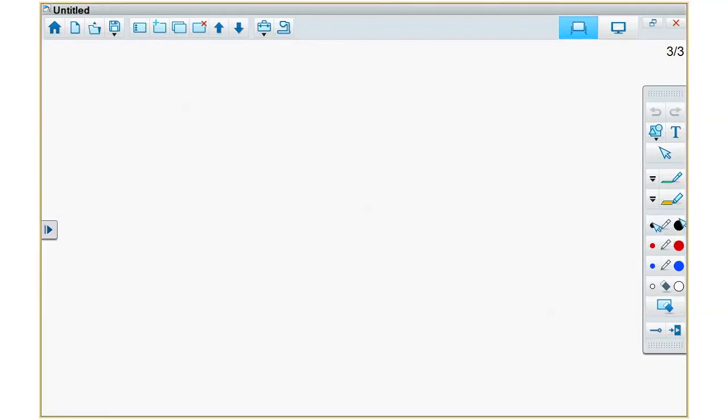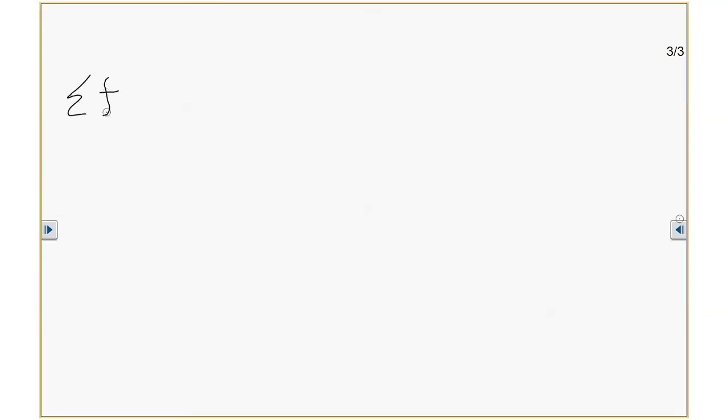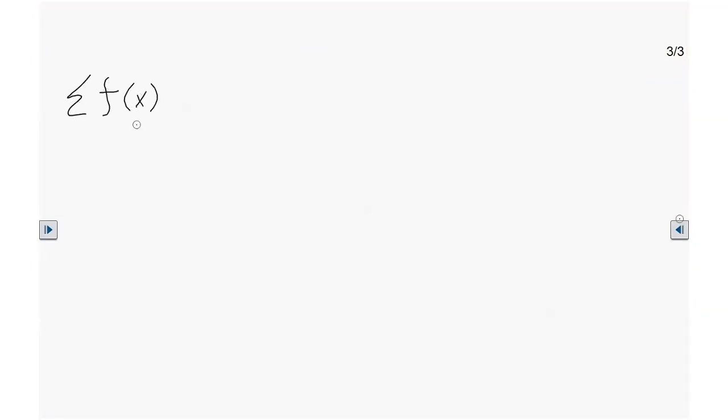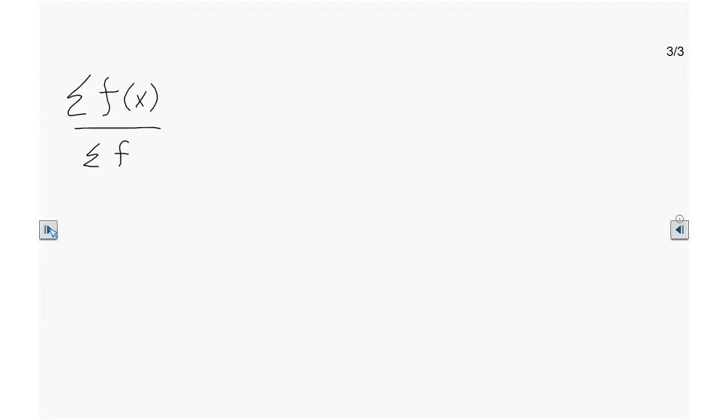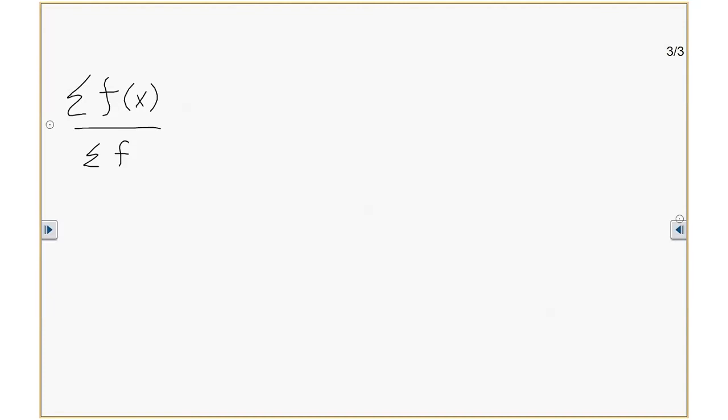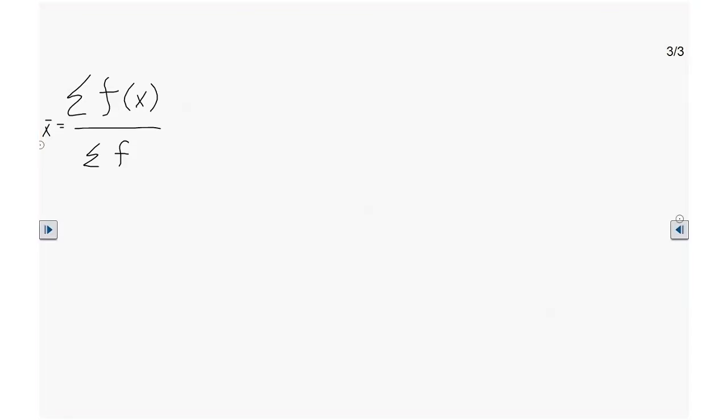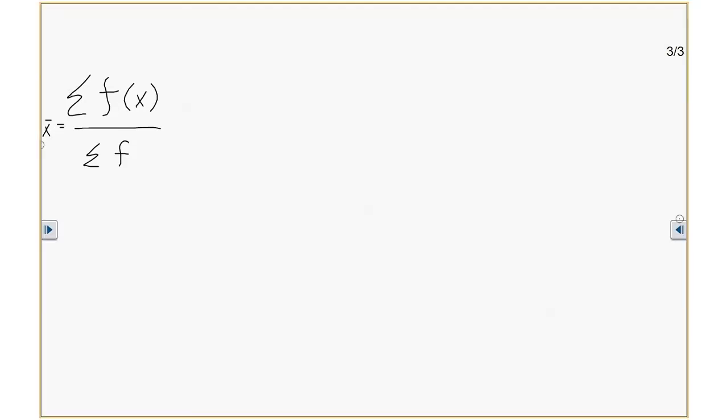So, the first one: the summation of f times x over the summation of f. And that is your mean. X bar is equal to that. When you see the summation, that means add them all up.